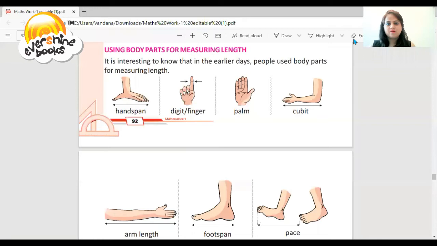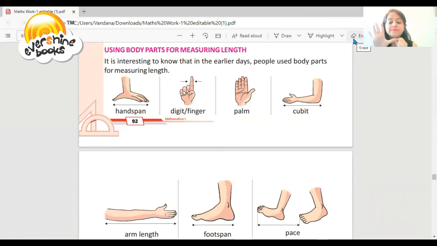Now, students, come to this interesting and very important topic. So listen to it very carefully: using body parts for measuring length. Students, it is interesting to know that in the earlier days, people used body parts for measuring length. First is your hand span. If we spread our hand, this is the thumb and this is the small finger.